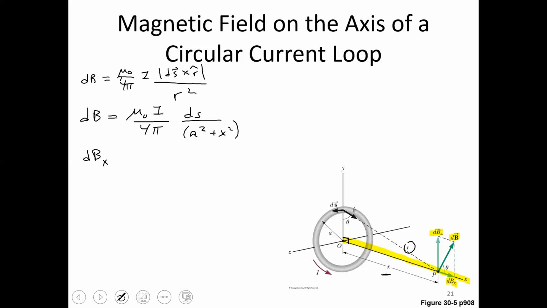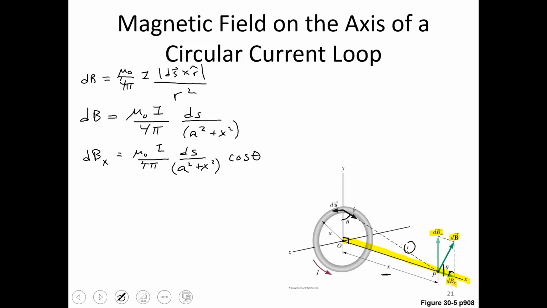Our magnetic field in the x direction, we are going to make an argument for a similar triangle here as what is here, so that this angle theta is the same as this angle theta. So I can write that the portion of my magnetic field that's in the axial or the x direction in this case is mu 0 times I over 4 pi, we've got ds over a squared plus x squared, and then we've got cosine theta.